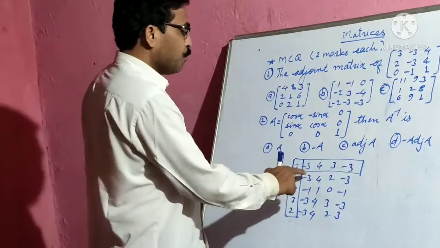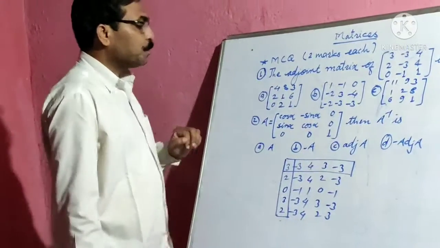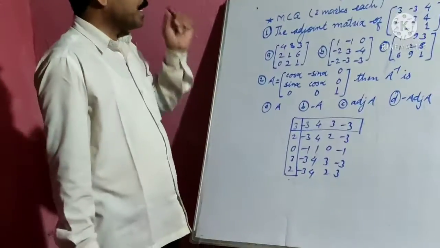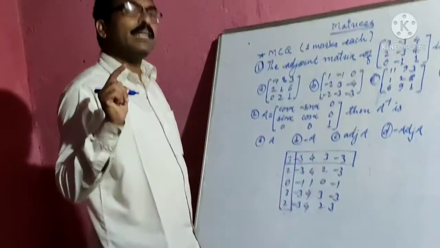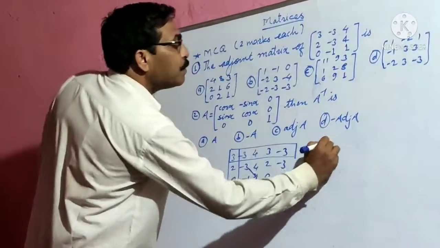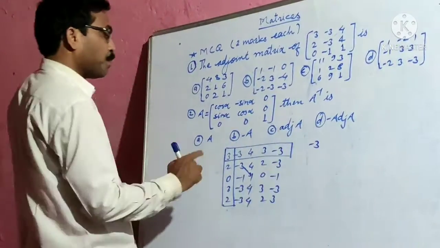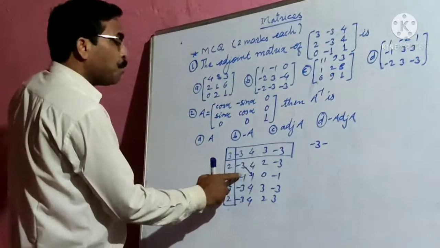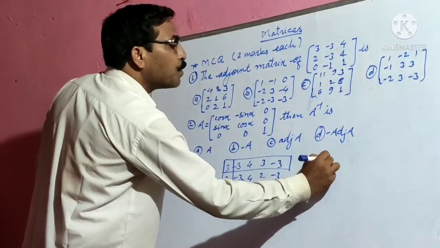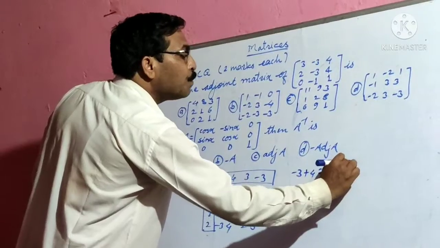Now we have these 4 columns, and from these 4 columns we will get the adjoint matrix. Now how do we get the adjoint? -3 into 1 is -3, then -1 into 4 is -4, and -3 plus 4 is equal to 1.